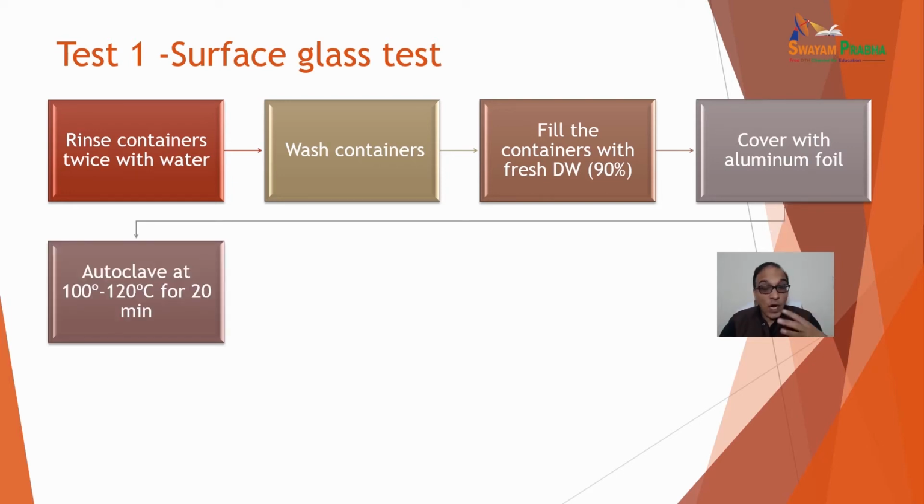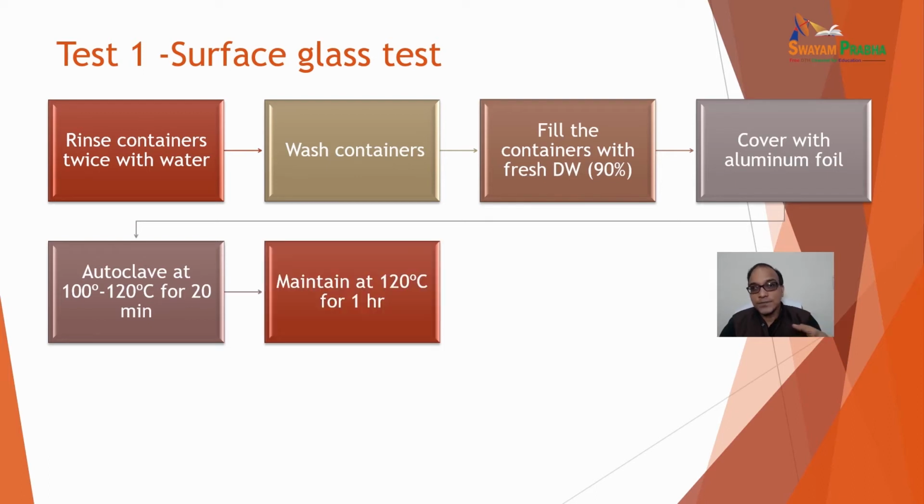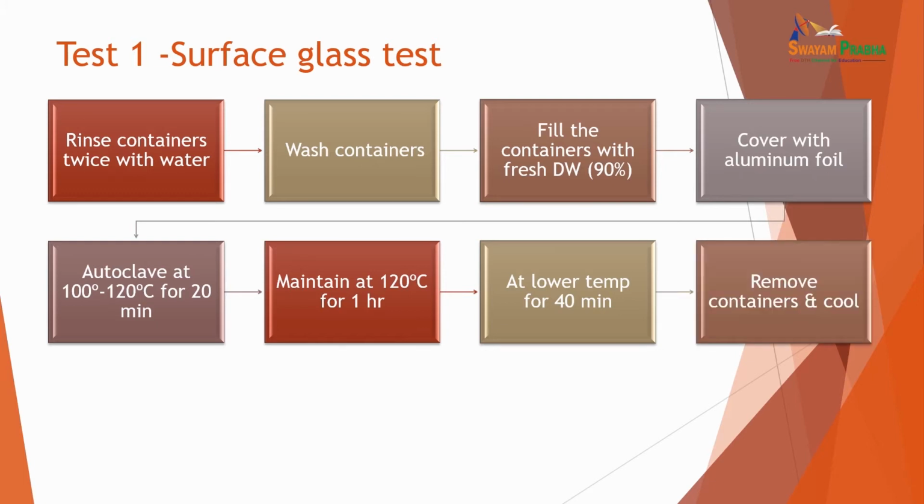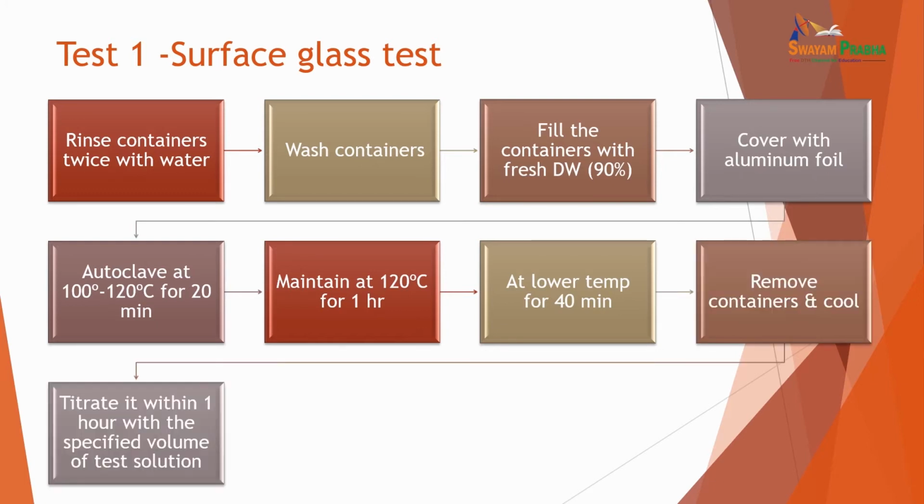Autoclave at 100 to 120 degrees Celsius for 20 minutes. Then maintain at 120 degrees Celsius for 1 hour, then at lower temperature for 40 minutes. Remove the containers and cool. Then titrate within 1 hour with the specified volume of test solution.